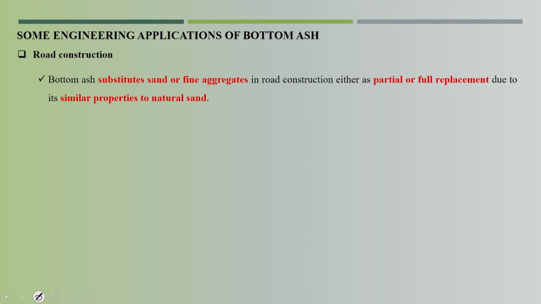Now, some engineering applications of bottom ash. Utilization could be possible, first for road construction. Bottom ash substitutes sand or fine aggregate in road construction, which requires a large quantity of sand and fine aggregates.